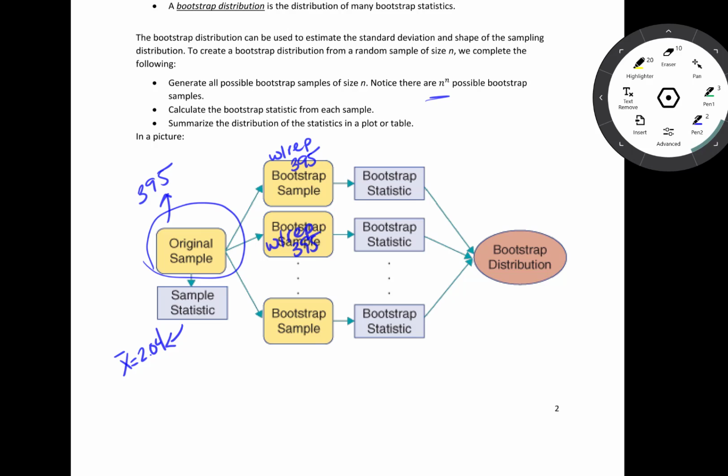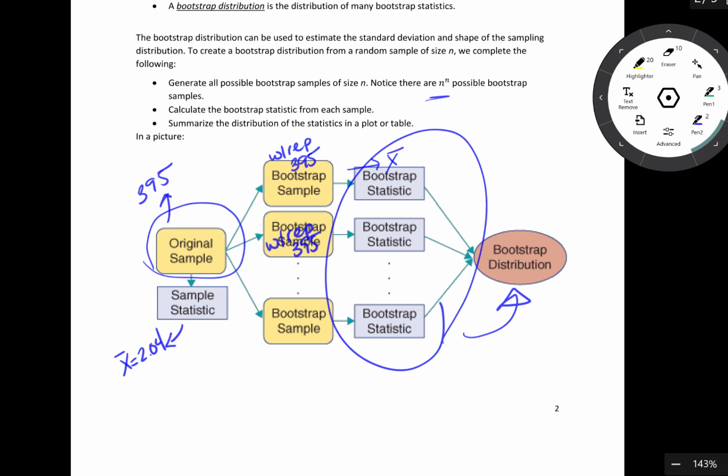And then for each of these, I'm going to calculate an x bar. So I'm going to calculate the mean from those 395 observations, and that's going to be a Bootstrap statistic. Then we look at these statistics to create the Bootstrap distribution. Notice this is very similar to a sampling distribution in terms of the overall process.